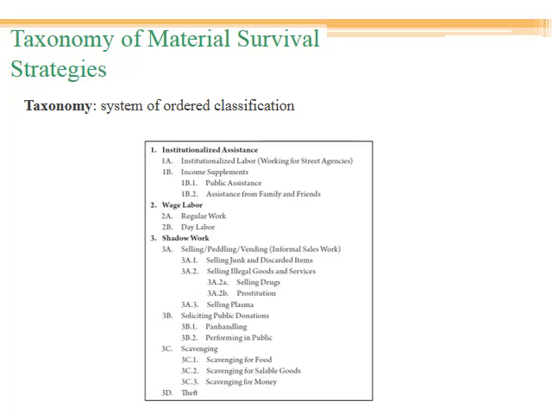So they grouped different livelihood strategies into institutional assistance, wage labor, and shadow work. Within each of these categories, there are subcategories. So this taxonomy illustrates to researchers the different ways that the homeless find work or livelihood strategies.